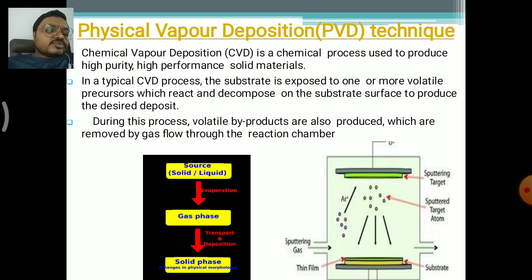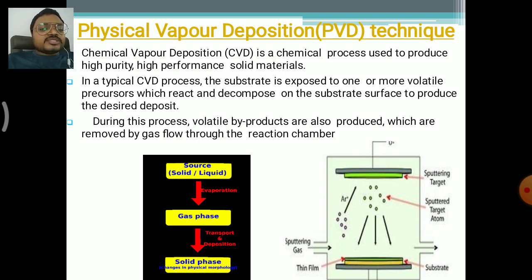When it comes to the substrate, it is in the solid phase, small atoms, and then deposits on the substrate. So this is the general technique used for physical vapor deposition.